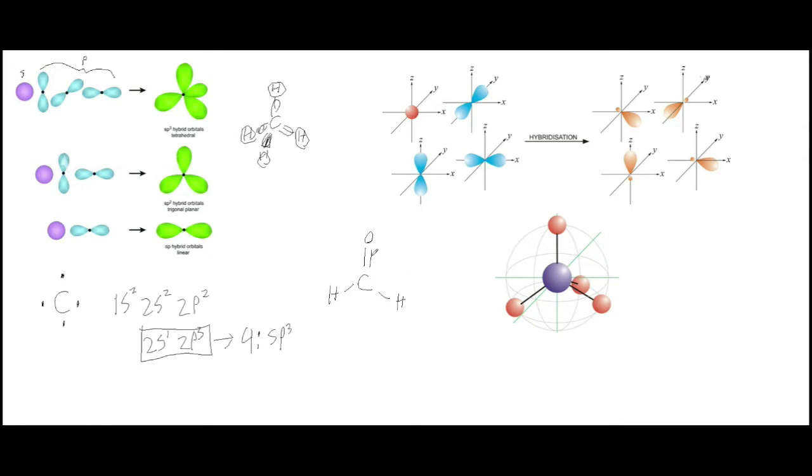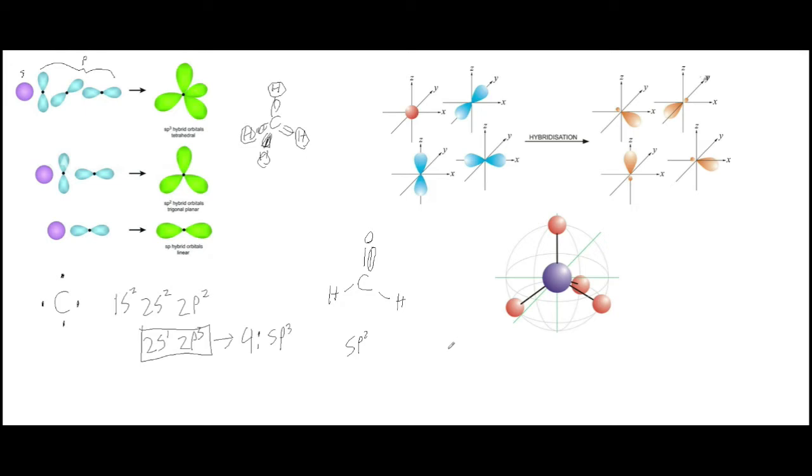This only has 3 hybrid orbitals, so it's called sp2. It's 1 part s, 2 parts p, and this other bond in the double bond remains as just a regular p orbital.